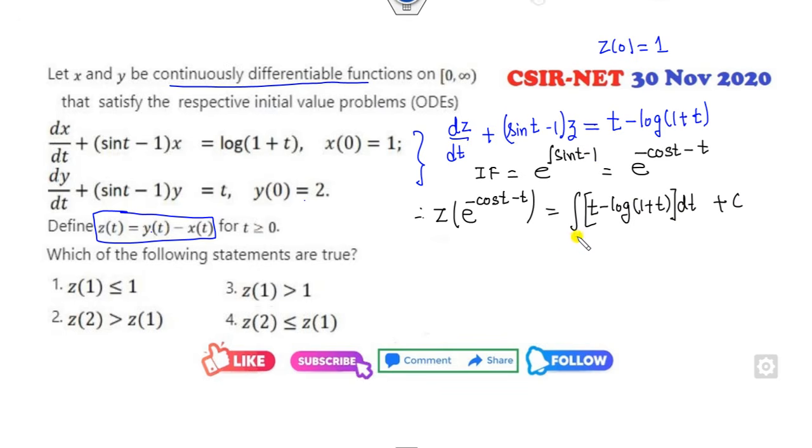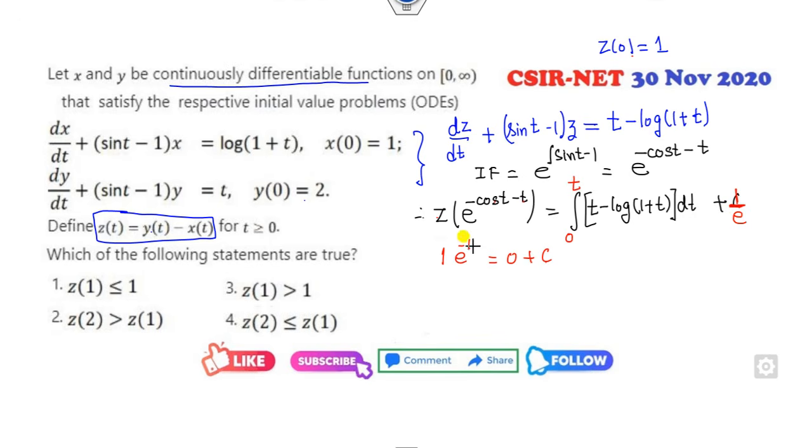Because the initial condition is given, I can take the limits as 0 to t. Then how can you find c? Because z0 is my 1, the limit is 0 to 0. Cos of 0 is 1, this is 0, this is my 1, e raised to the power minus 1, 0 plus c, so c will be 1 over e.